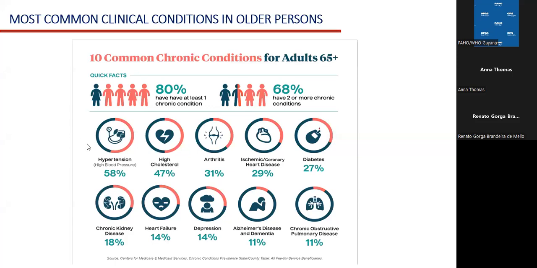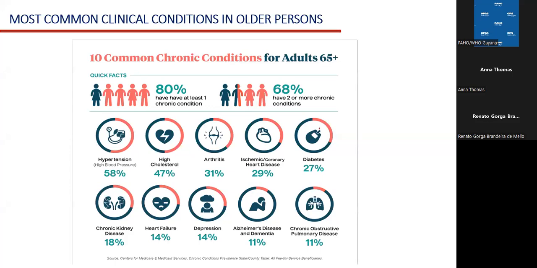Hypertension is the most prevalent condition. As I showed you yesterday, the numbers go from 58%, but if we consider the older subgroups, it can reach even higher prevalence rates: 75% of the 75 plus older person subgroups have hypertension.